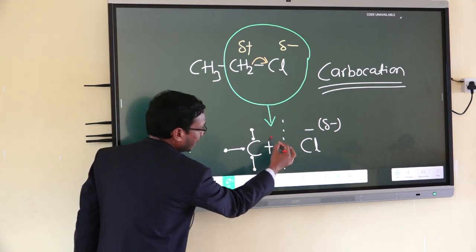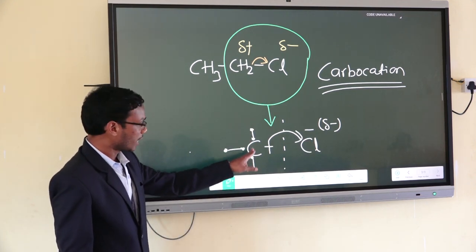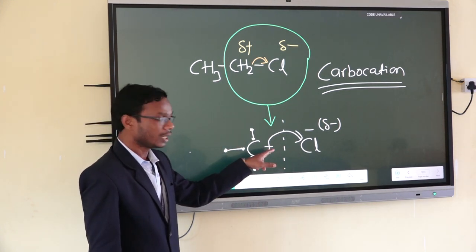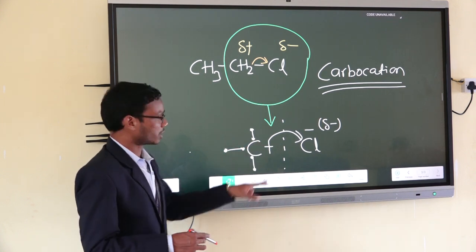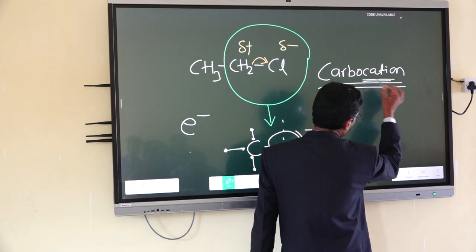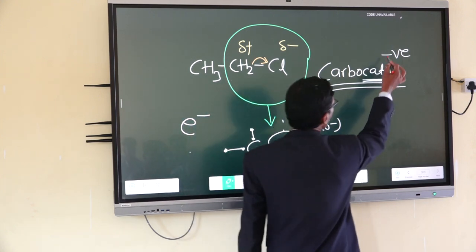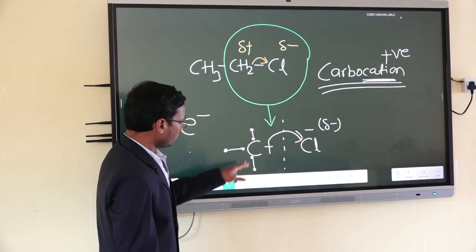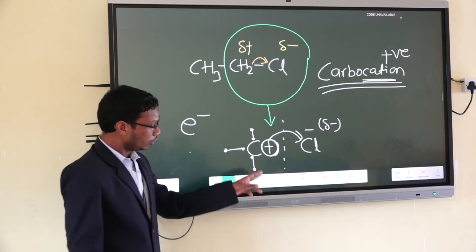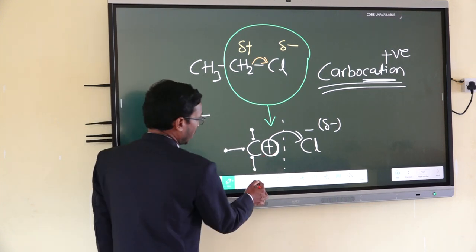Due to the positive charge, electrons transfer to this side. Cation means positive charge, but due to the presence of carbon, it is a carbocation. Understand?